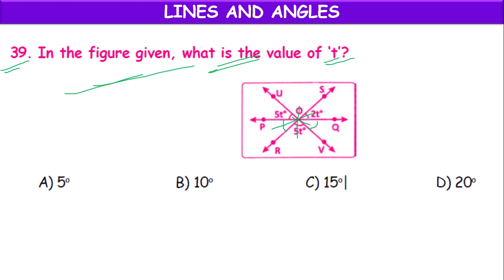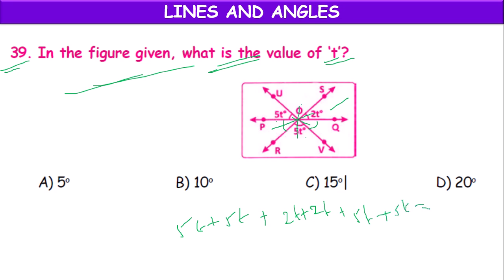So all 3 angles are repeating. So 5t plus its vertically opposite angle 5t, 2t plus its vertically opposite angle 2t, this 5t plus the vertically opposite angle 5t.